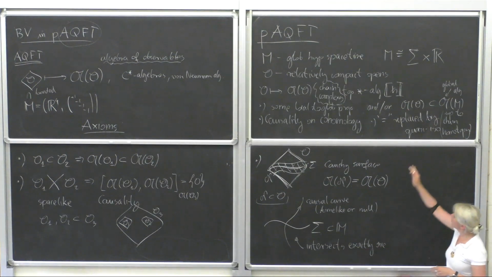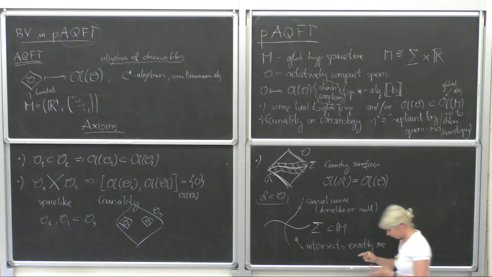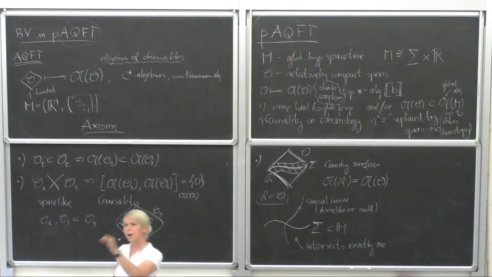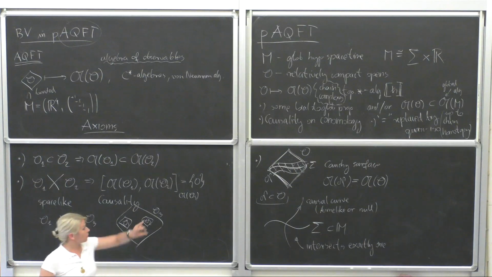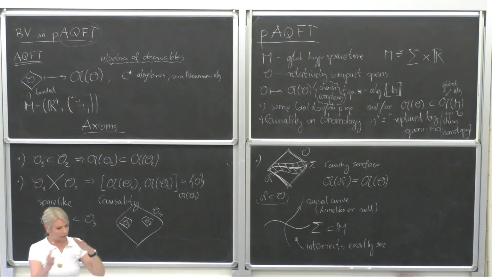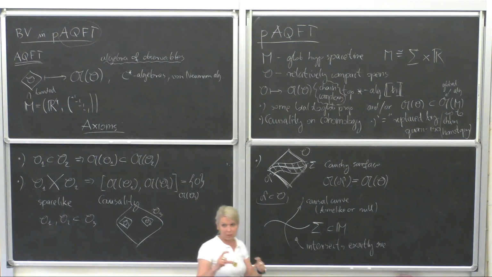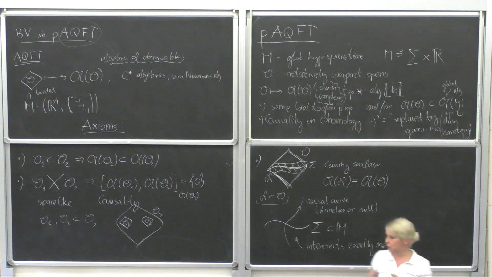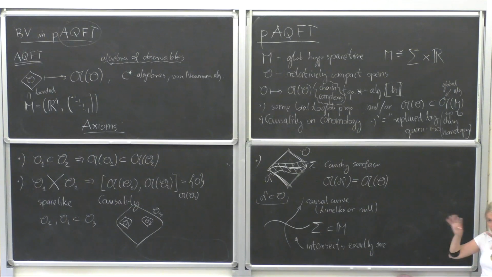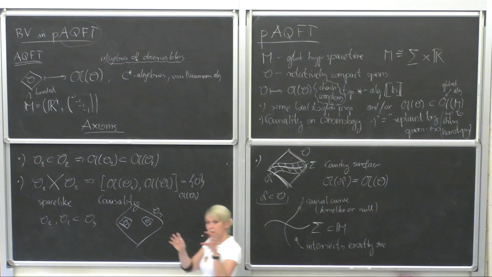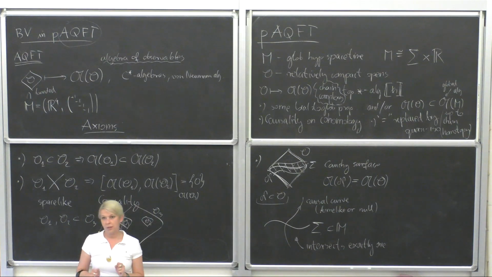Well, I want to be able to talk about. I want them to map into something global so that I can make sense of this commutation at space-like distance. So there has to be some notion of a global algebra that I get, let's say, from gluing these local things together.